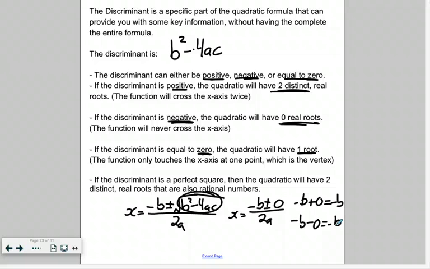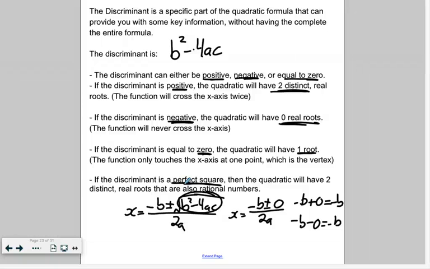Another important thing to note is if when you calculate b squared minus 4ac that ends up being a perfect square, like 4, 9, 144, 100, 64, 81, that means your quadratic is going to have two real roots, but they're also going to be rational, which means you could have solved this equation by factoring.